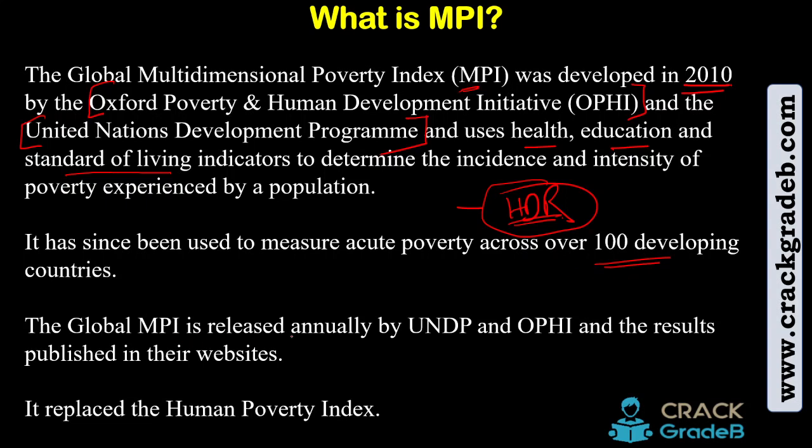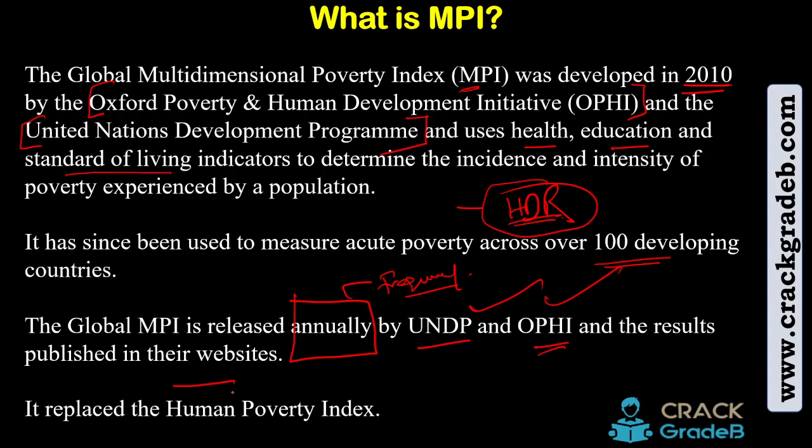The global MPI is released annually by UNDP and OPHI, the Oxford Poverty and Human Development Initiative, and the results are published on their website. So the same result is published by both UNDP and OPHI, and both logos are printed on the report.